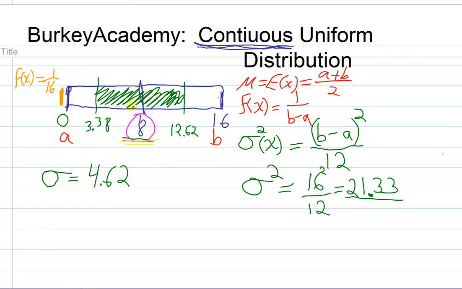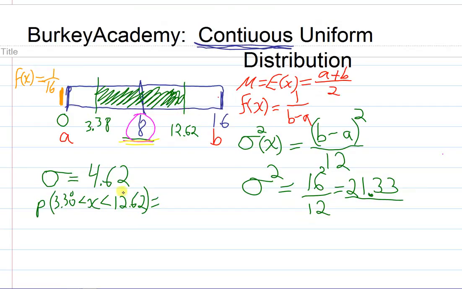Let's calculate the area of the little green rectangle there. So the probability that x will be between 3.38 and 12.62 is, well, the distance between those numbers is basically 2 times the standard deviation, right? Because it's 4.62 over here, 4.62 over there.